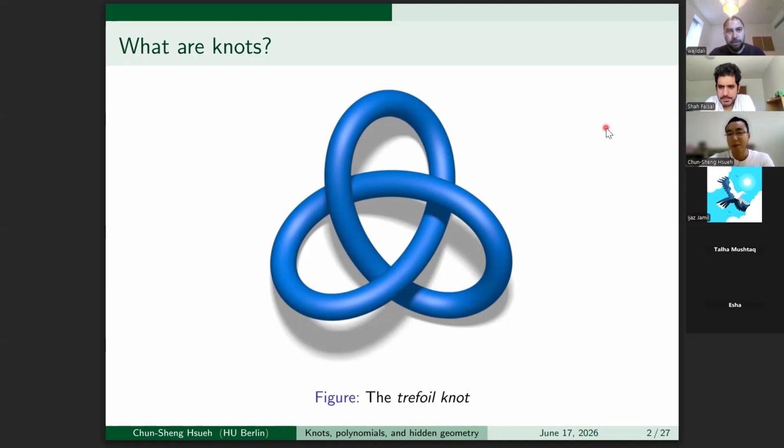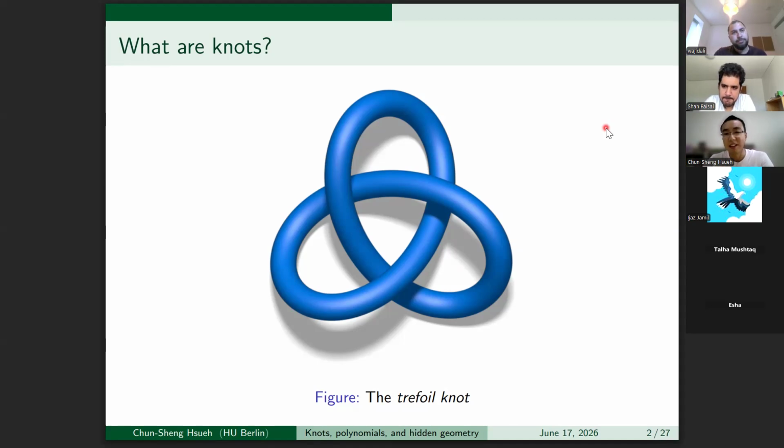And we talk about such embeddings up to isotopy. What you can picture in your head is we have this knotted S1 in free space, and you're allowed to push it around without cutting it or pushing strands of itself through itself. That's forbidden. If you do that, you would be considering a different knot.